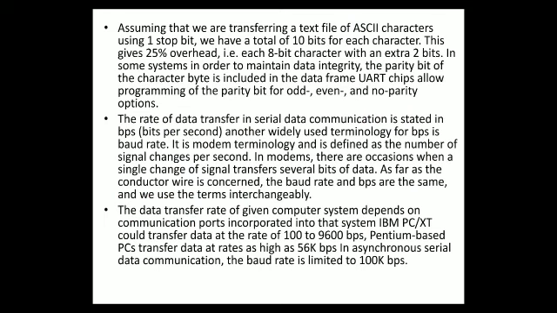Actually an ASCII character is 8 bits, but I am sending 10 bits for each character. So for each character I am sending 2 bits extra. Only 8 are actually required, but I am sending 10, and therefore the overhead will be 25%. It means even if you say that I am doing 100 bits per second, 80 are actual data, 20 are the start and stop bits for transmission.